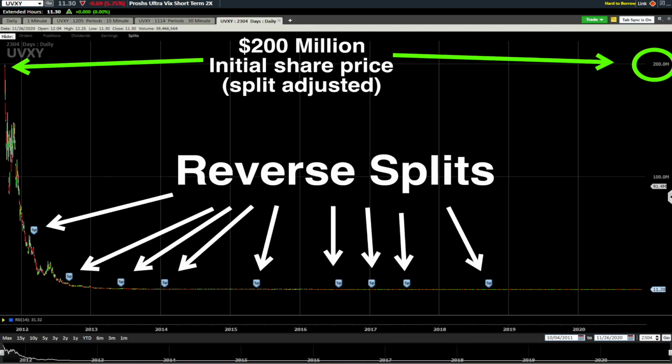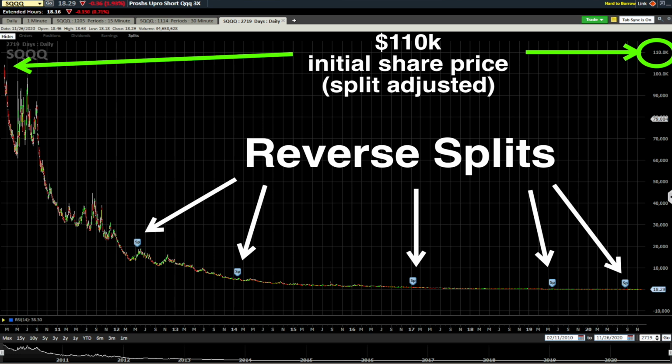Look at a chart from the inception of the fund. If the chart just does this, and there's lots of reverse stock splits along the way, it's probably not a good long-term play. ETFs like UVXY, whose underlying is the VIX, the volatility index, or a fund like SQQQ, which is short the NASDAQ. Funds like this, you can see they just drop and drop and drop and drop.